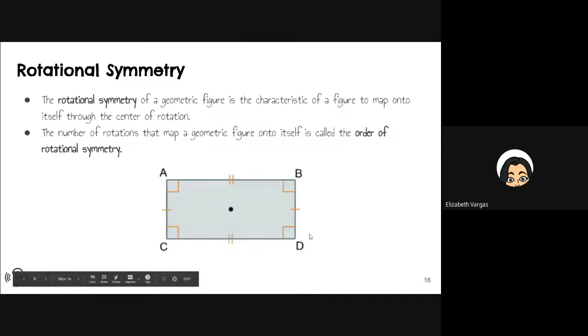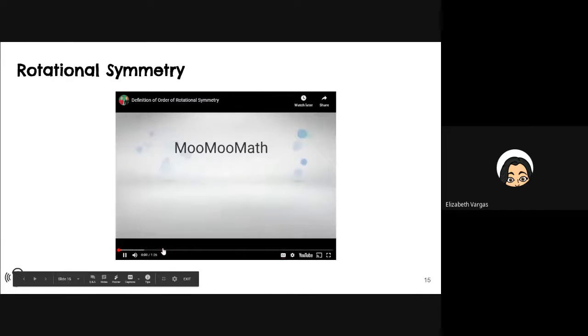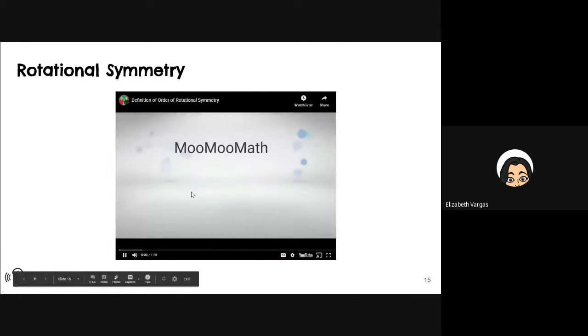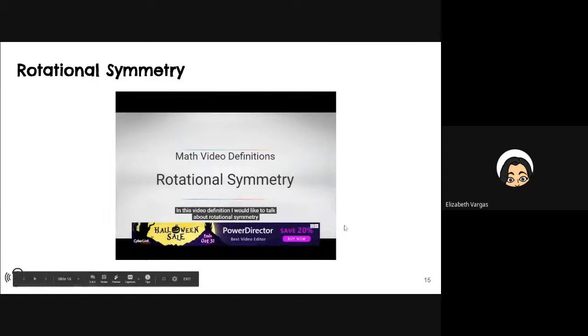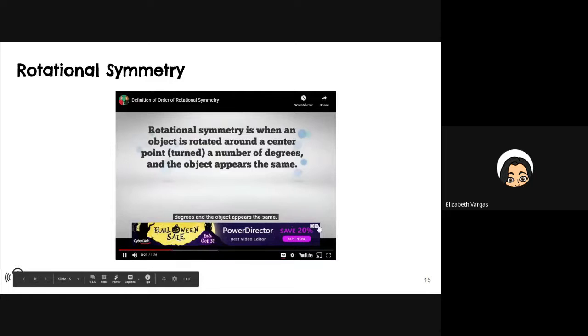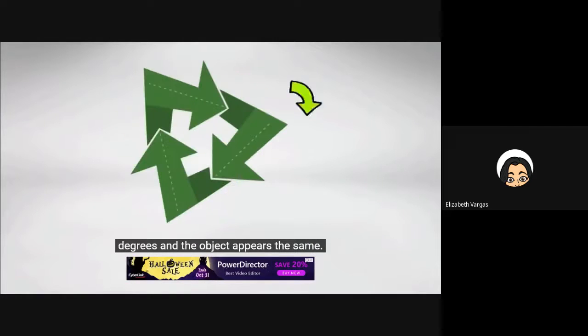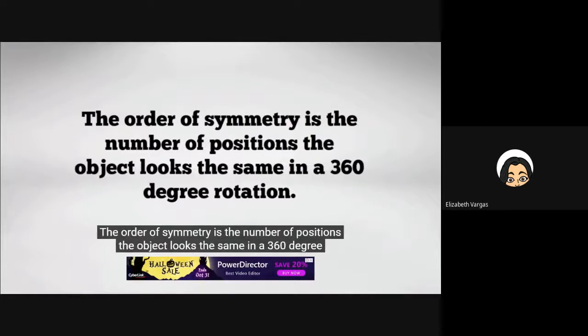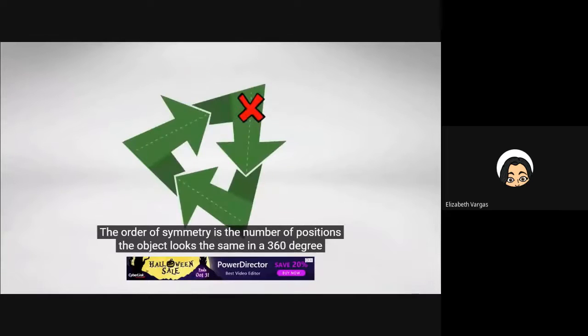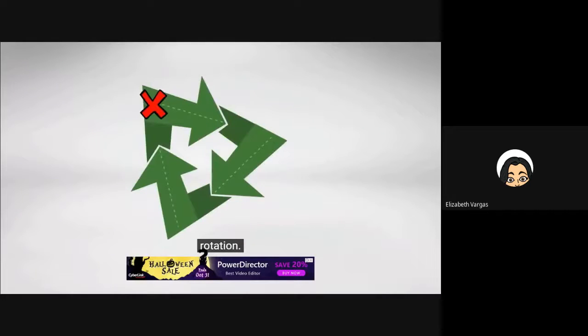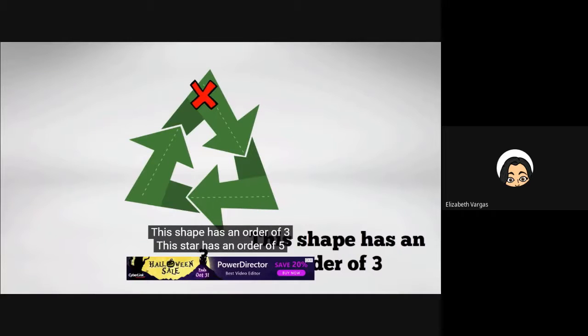The order of symmetry is the number of positions the object looks the same in a 360-degree rotation. This shape has an order of 3.